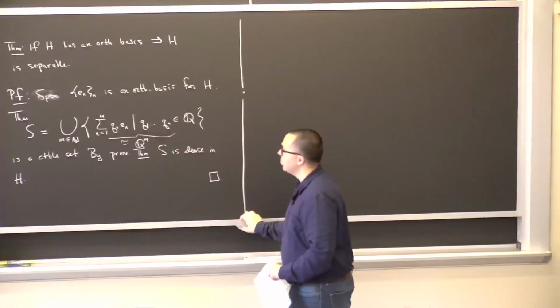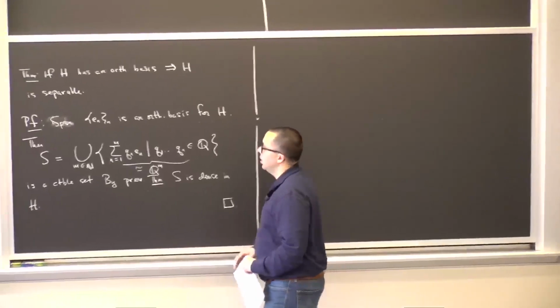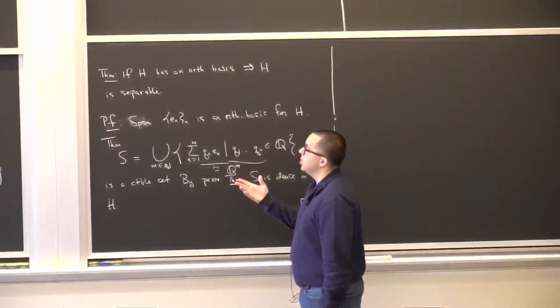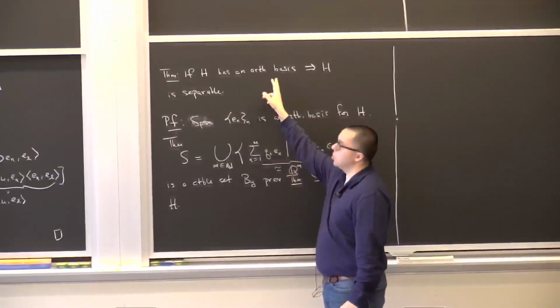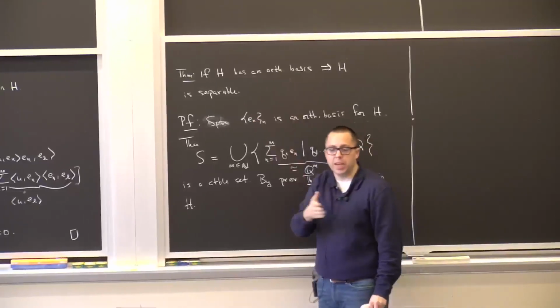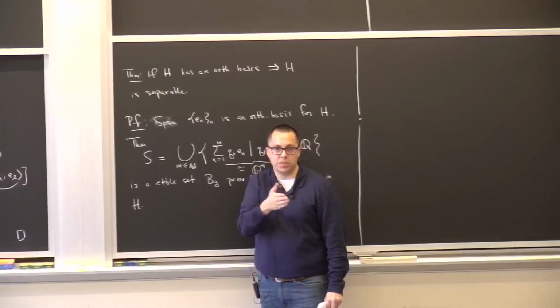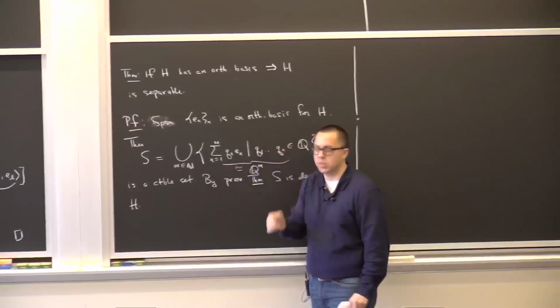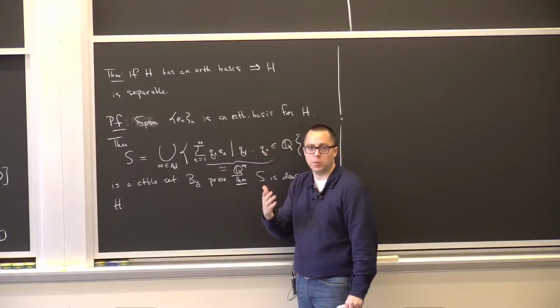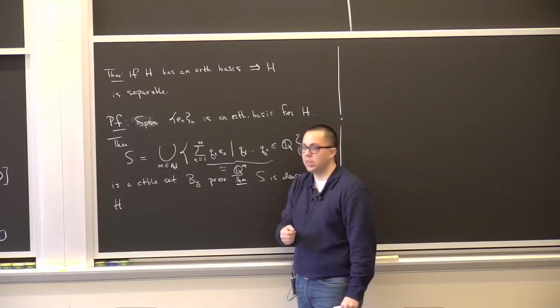If H has an orthonormal basis, by the theorem we proved, every element can be expanded in one of these Fourier-Bessel series, as an infinite linear combination of the orthonormal vectors.